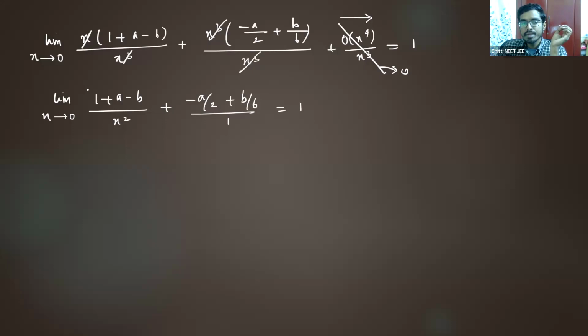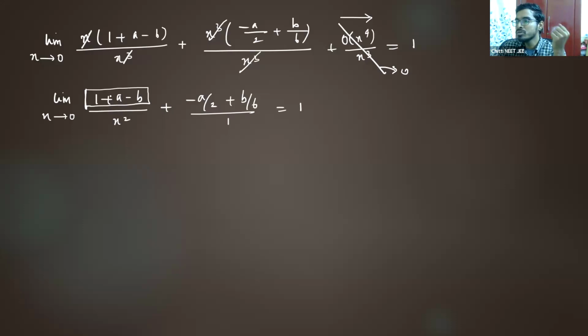When you apply the limit here, denominator is 0. So surely this number has to be 0. Yes or no? Then only you will have a finite limit. Then we will have 0 by 0, a finite limit.